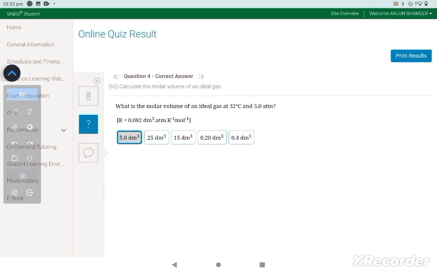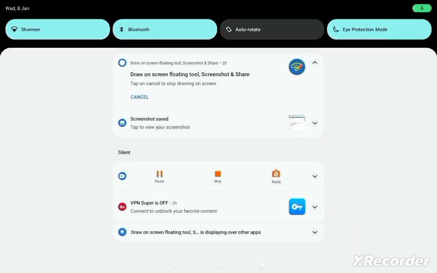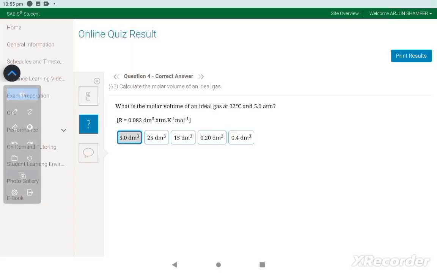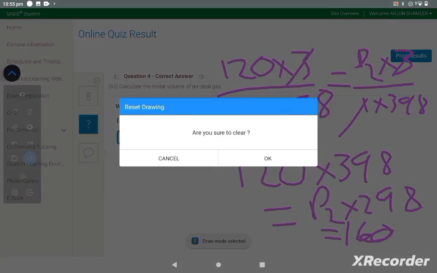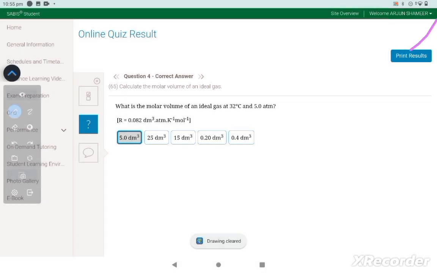Okay, molar volume of an ideal gas at 32 Celsius and 5 atmosphere pressure. For this one, we have to use PV is equal to nRT.